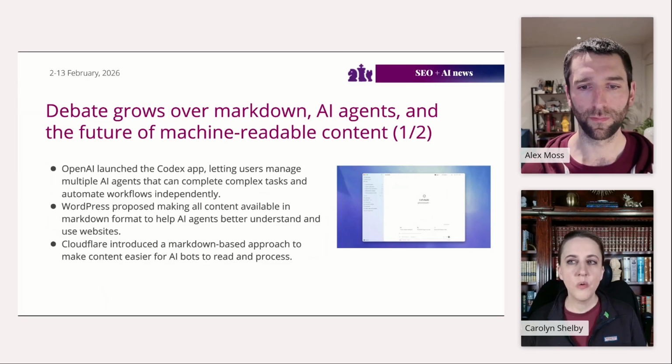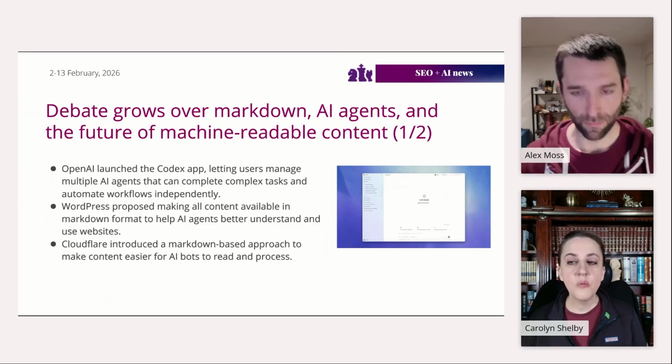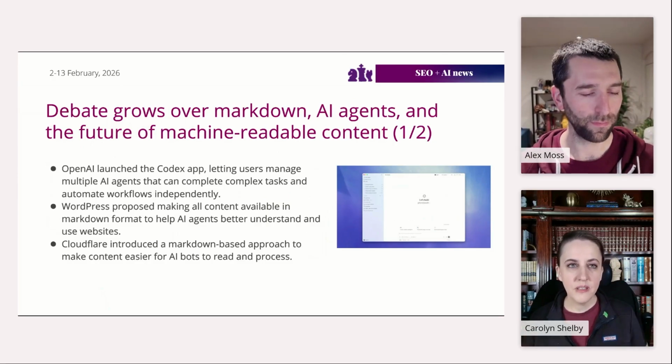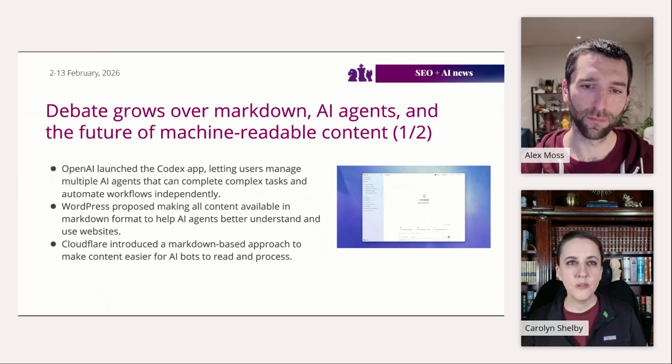So going back to this beginning part, I don't know that the adoption of the Codex app is going to be anywhere near the scale of the adoption of general ChatGPT-type stuff, because it's kind of complicated to use and it's not nearly as intuitive or functional, I don't think, as Claude.